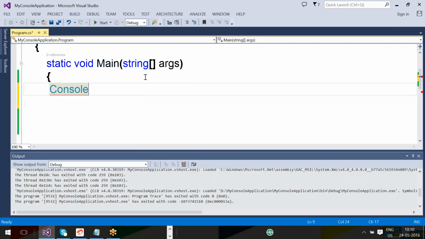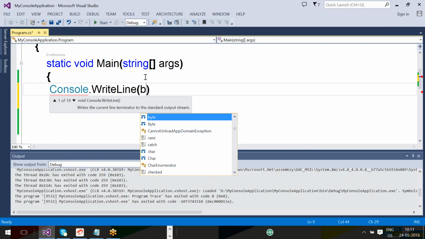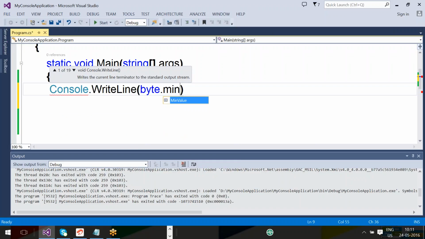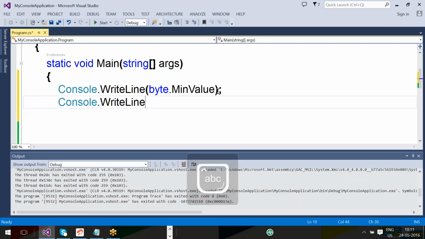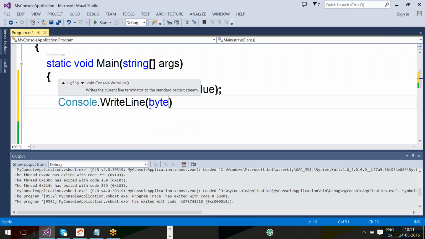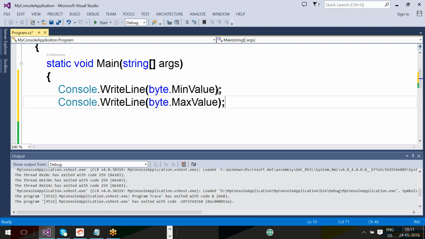Paper work is good. Second is responding to every question through chat. Console.WriteLine(byte.MinValue). Again, Console.WriteLine(byte.MaxValue).